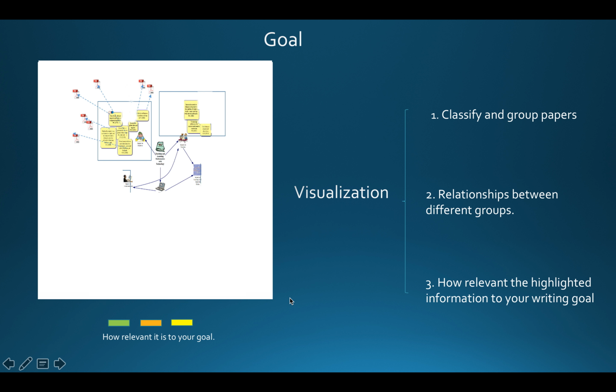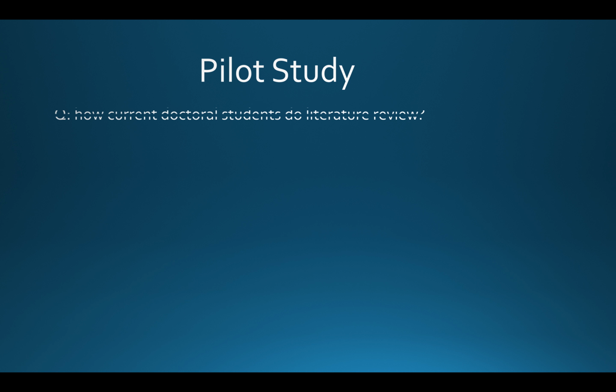But the thing is, I'm not sure what current doctoral students prefer. What's their way of doing literature review? So my next step is to do a pilot study. I want to interview current doctoral students: what's their way of doing literature review?